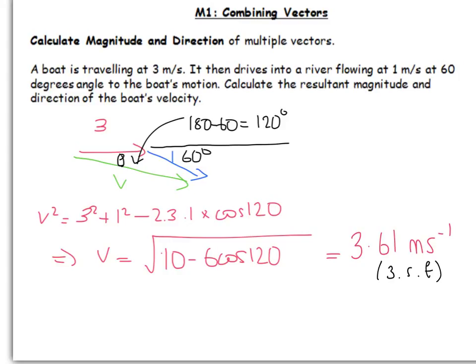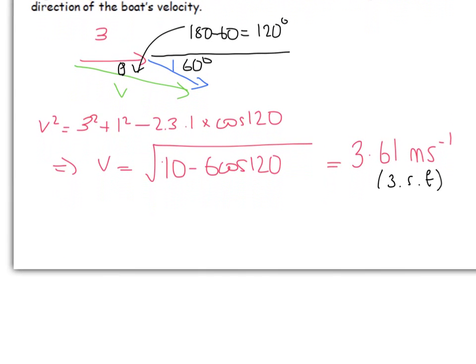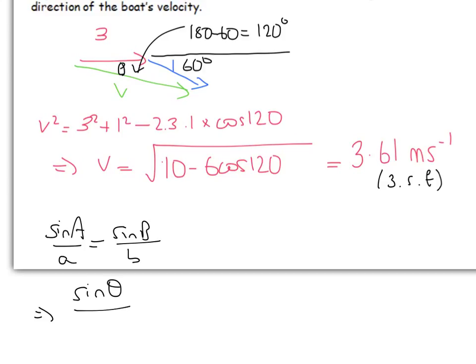And then if we want to calculate the angle theta, we're going to have to employ the sine rule in this case. So the general expression of this would be, in this case, sine theta, and the side opposite theta is 1.